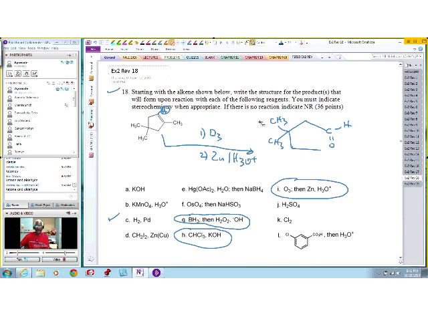And this other carbon here is the carbon of the ketone, right here.